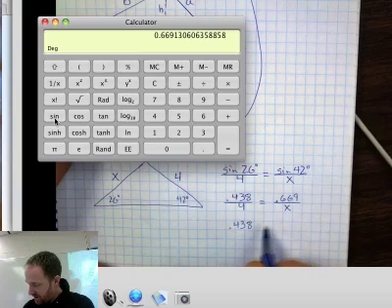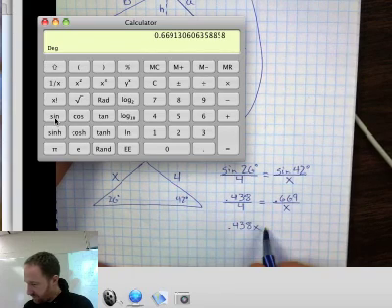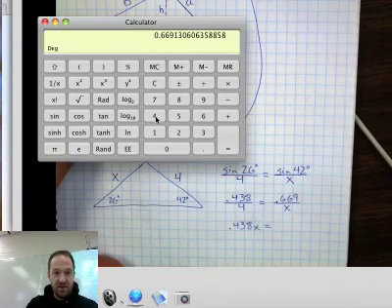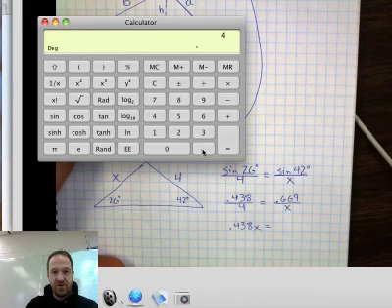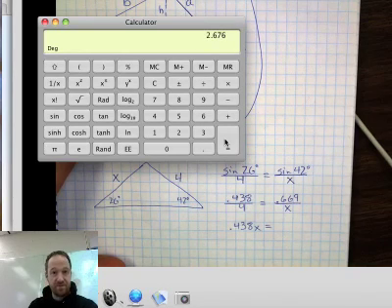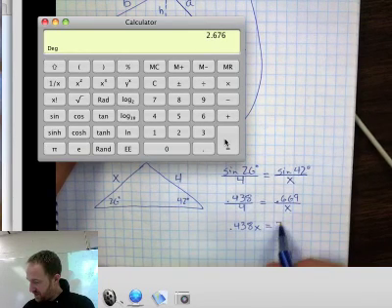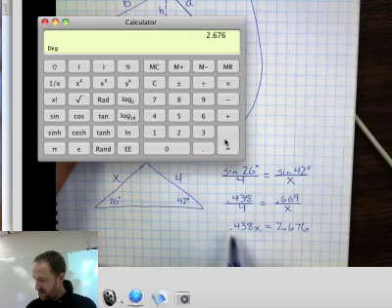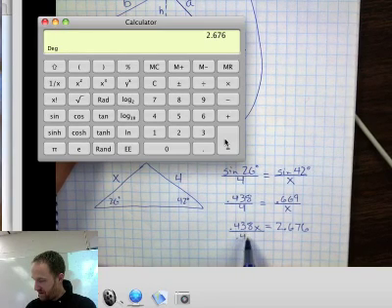0.438 times x, and then 4 times 0.669. That's 2.676. Then divide by 0.438.